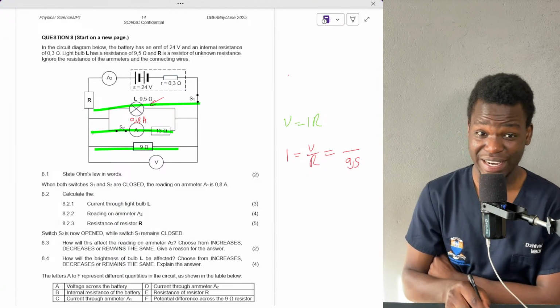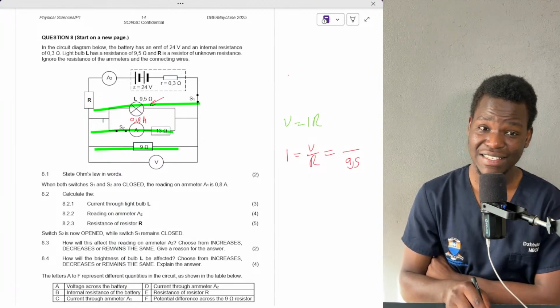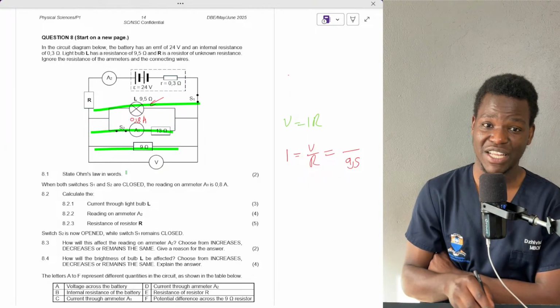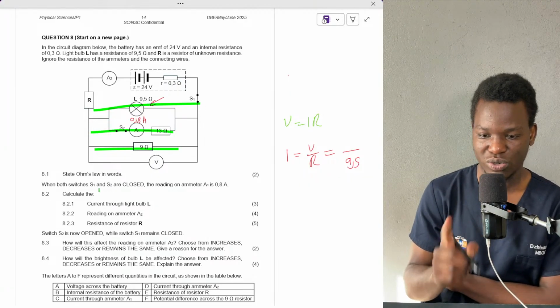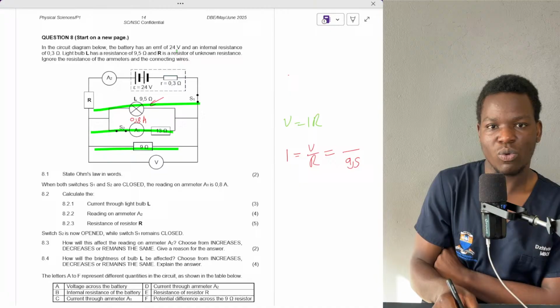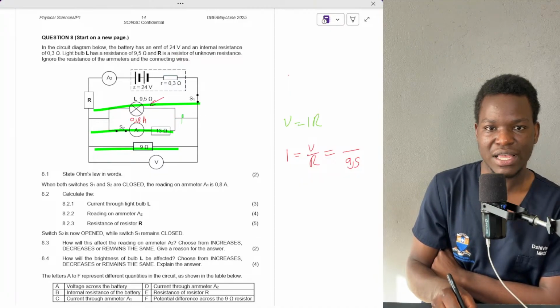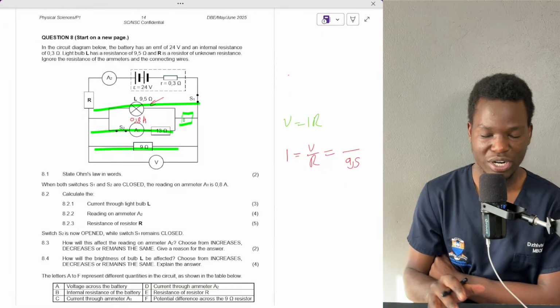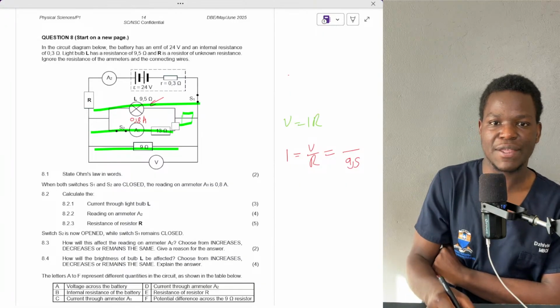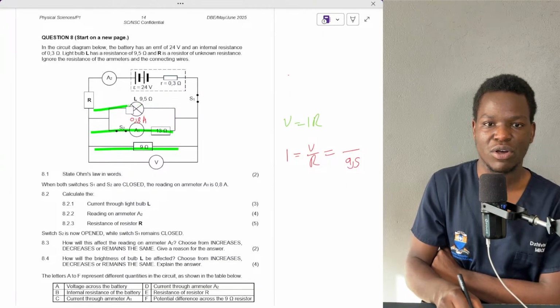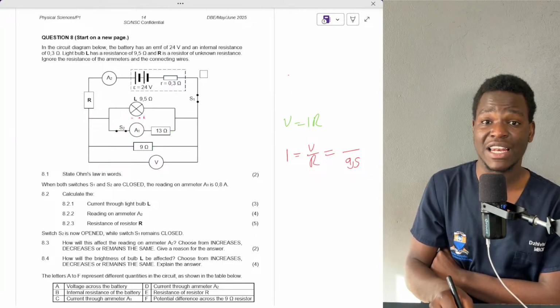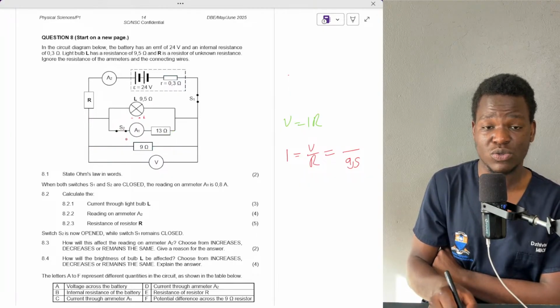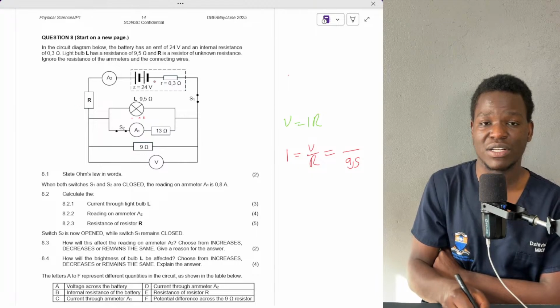They are trying to trick us. The voltage across all these branches is the same. That's what a student should find. It only won't be the same if there was a resistor here, but now there is no resistor there. It's going to be the same because all these resistors are parallel in relation to one another, except this one.